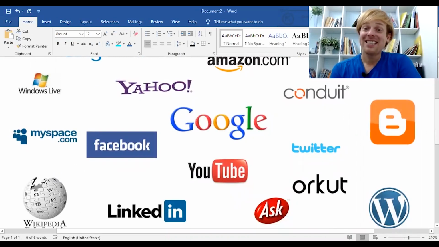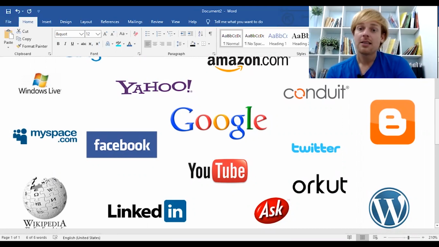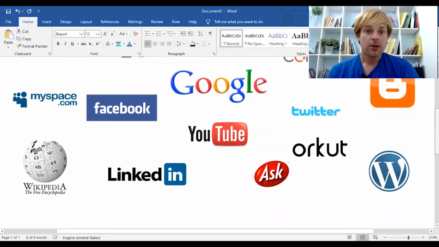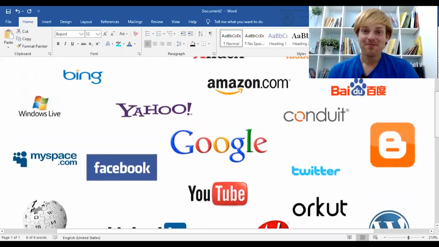So to connect today's lesson with yesterday's lesson, let's look at some logos. We talked about logos yesterday. Now here are some popular internet logos. Look at these. These are all very popular. Some of them were popular in the past. Some of these are social media platforms. Some are retail websites. Some of them are search engines, okay, or other online resources. You should recognize many of them.